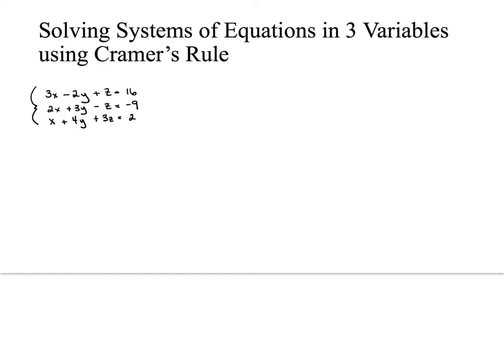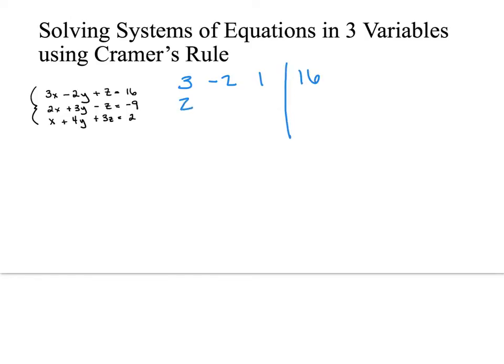Here we have a system of equations in 3 variables. We have our variable x, our variable y, and our variable z. And the first thing that we want to do is create a matrix based on this. So we're going to take the coefficients of the first row, which is 3, -2, +1, and 16.